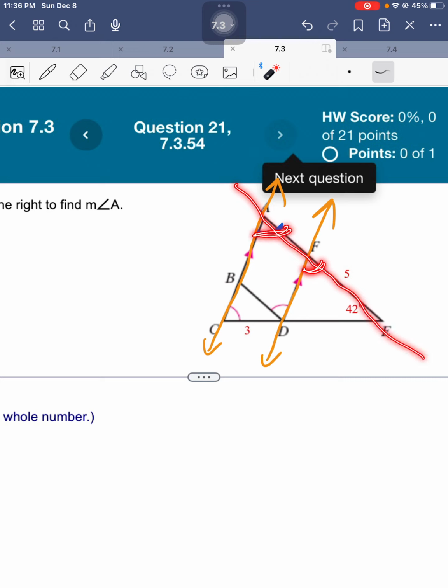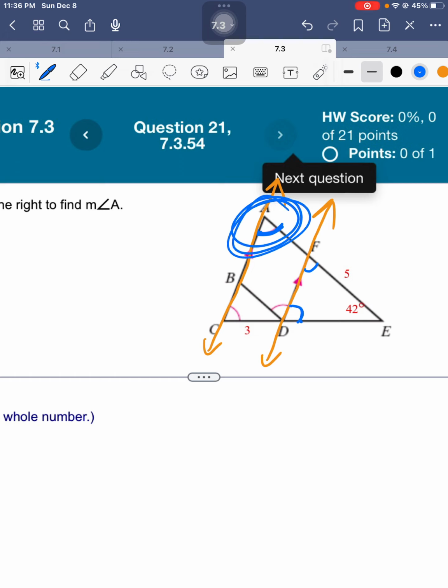I already know this is going to be one arc because I already see the corresponding angles. So I know I have this. Don't I also have corresponding right here? Yeah, here and here. Corresponding. So I know that my other arc is here.